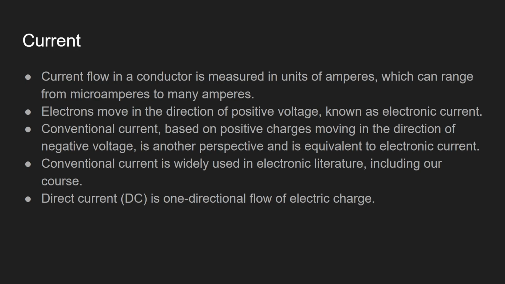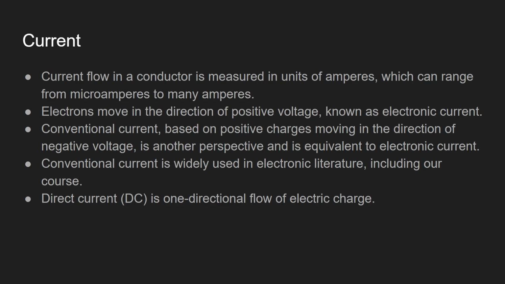So they made a compromise. Don't ask me why the electron moves this way and the current moves the opposite way. Just think that the electron moves in one direction and the current moves in another direction.